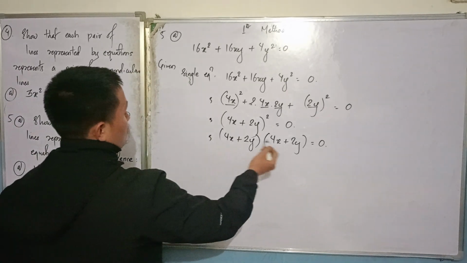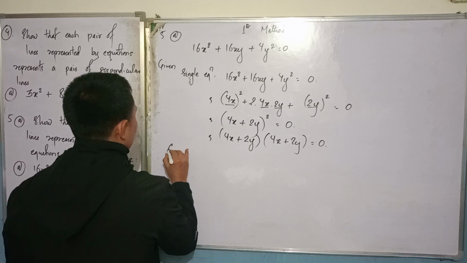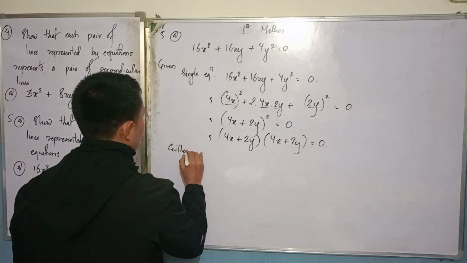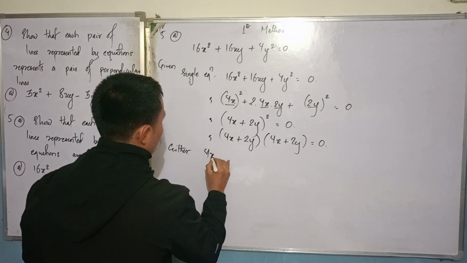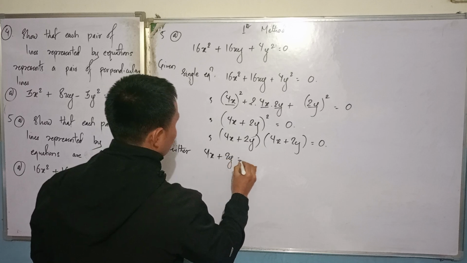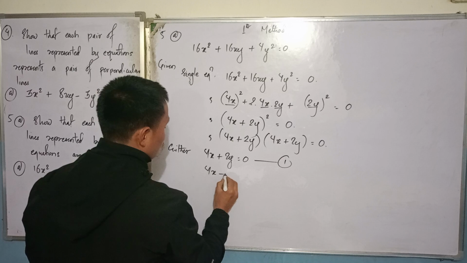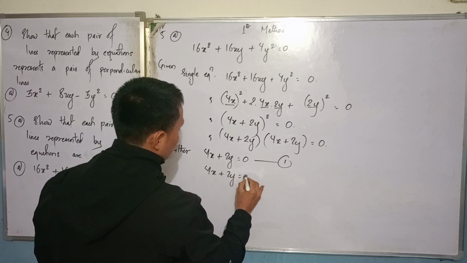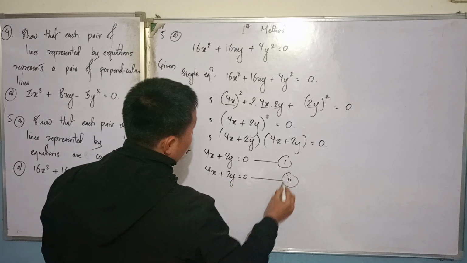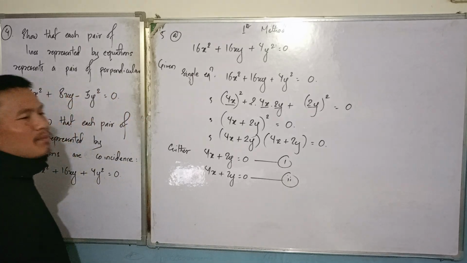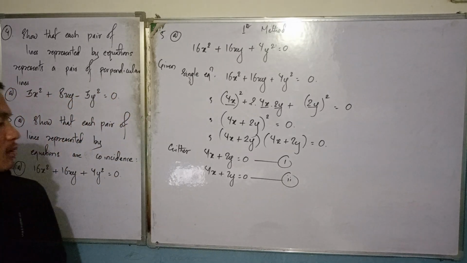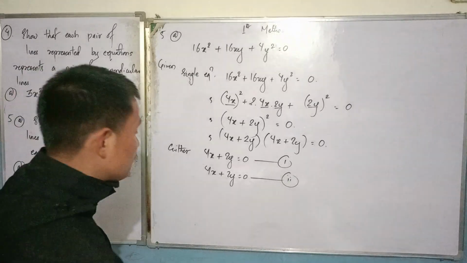Okay, so here now we can do either 4x plus 2y is equal to 0, and another also 4x plus 2y is equal to 0. So we have both equations the same. Both equations being the same means their slope will also be the same.